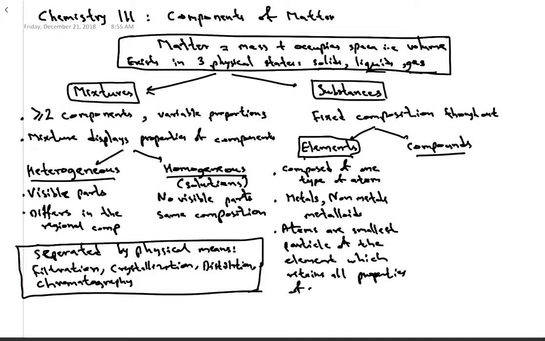Now remember, we do know that atoms contain subatomic particles. So definitely atoms are not the smallest particles, but they are the smallest particles which retain all the properties of that element. So once you go to subatomic particles, those properties are different from those of the element itself.